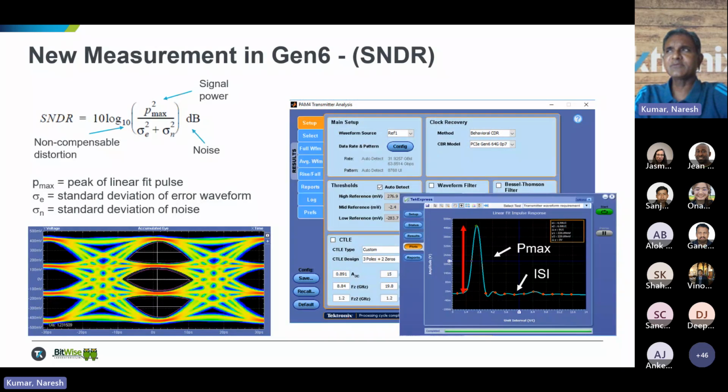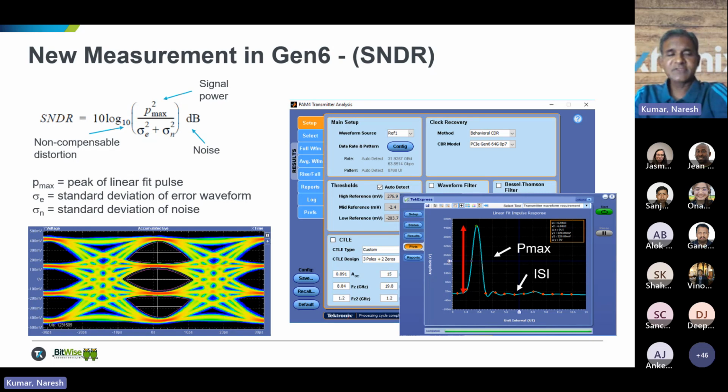One additional parameter which we find is a complex measurement is what is called signal to noise distortion ratio, or SNDR. This is also a parameter defined in USB for Gen 2.